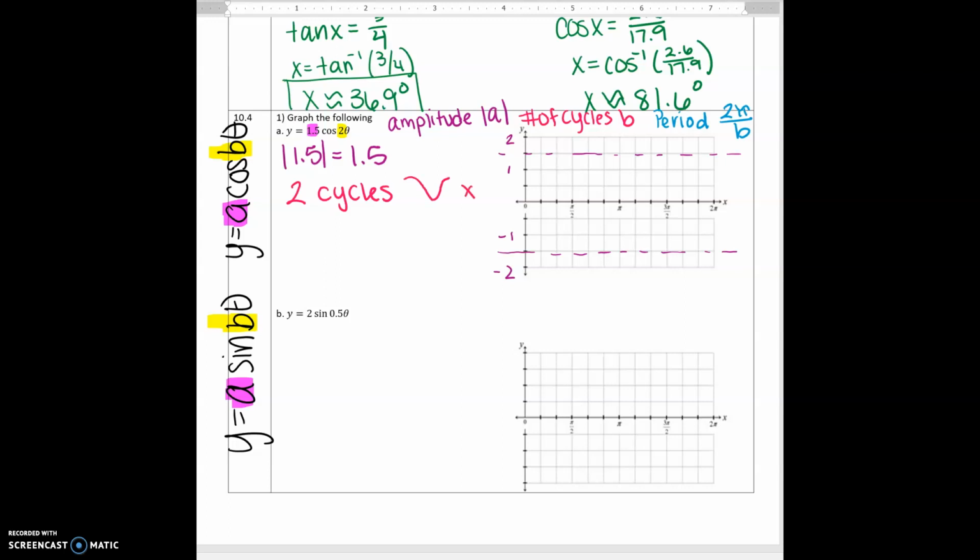We're going to have 2 of these. And the last thing we need to know is the period. So we're going to do 2 pi divided by B, which is 2, which equals pi. So that means that it's going to repeat at pi.